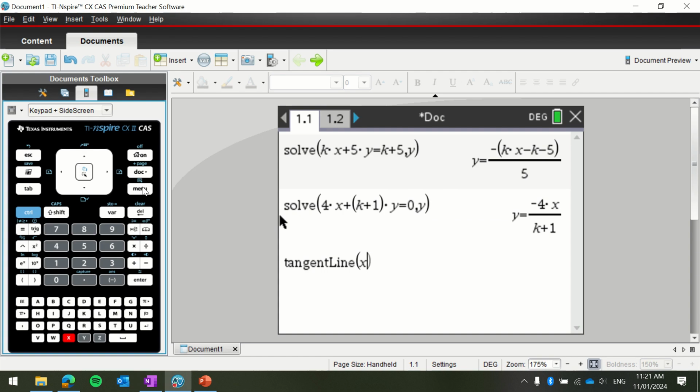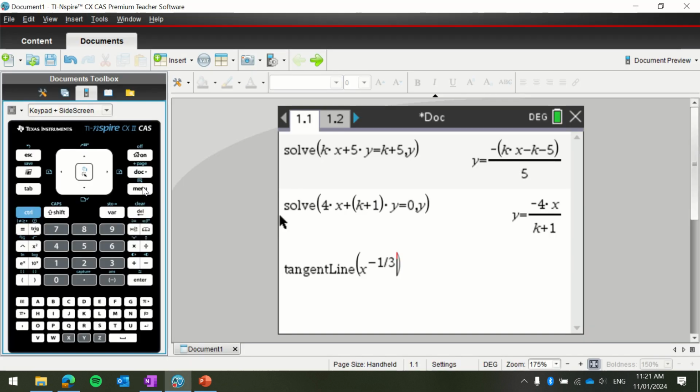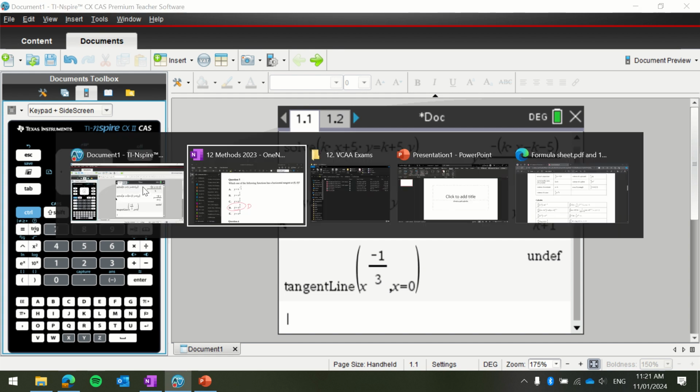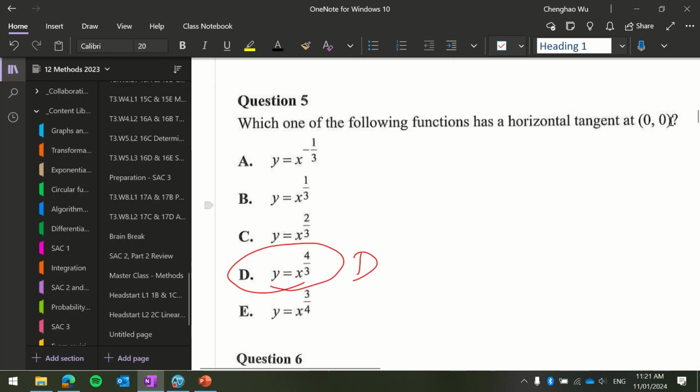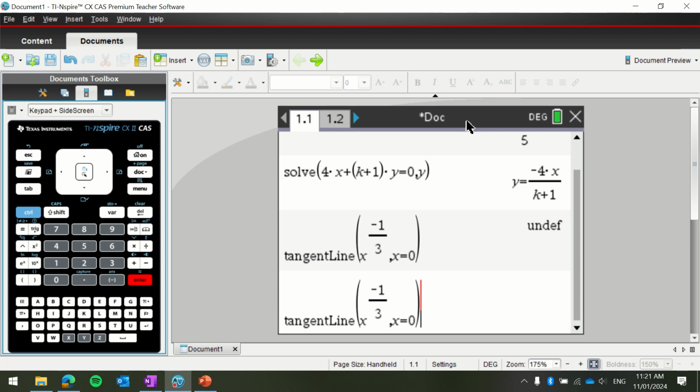I'm going to put the first option, x to the power of negative a third, and then put x equals 0, and it's undefined, which means there is no tangent at the point (0, 0) for the function in option A. So it's not correct.